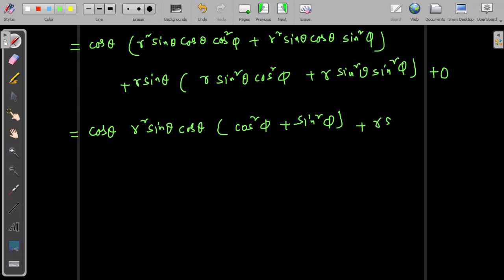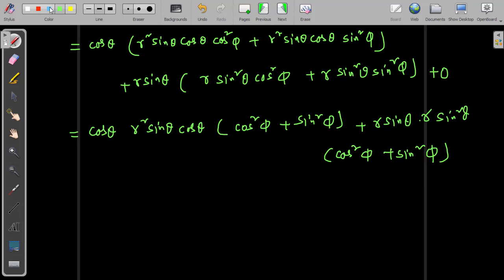Again I have r sine theta. Now from this bracket I am taking r square sine square theta common. If I take r sine square theta common, in the bracket I am left with cosine square of phi plus sine square of phi.